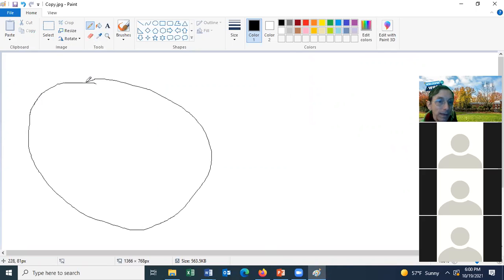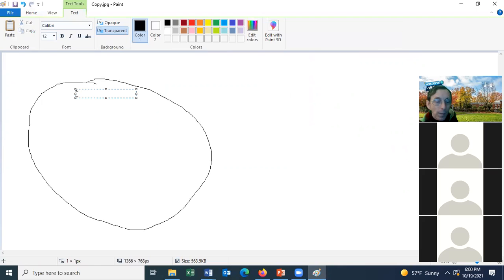And I'm just going to abbreviate that with proto-E for proto-eukaryote. And there were little bacteria cells. We'll just draw a small bacilli.